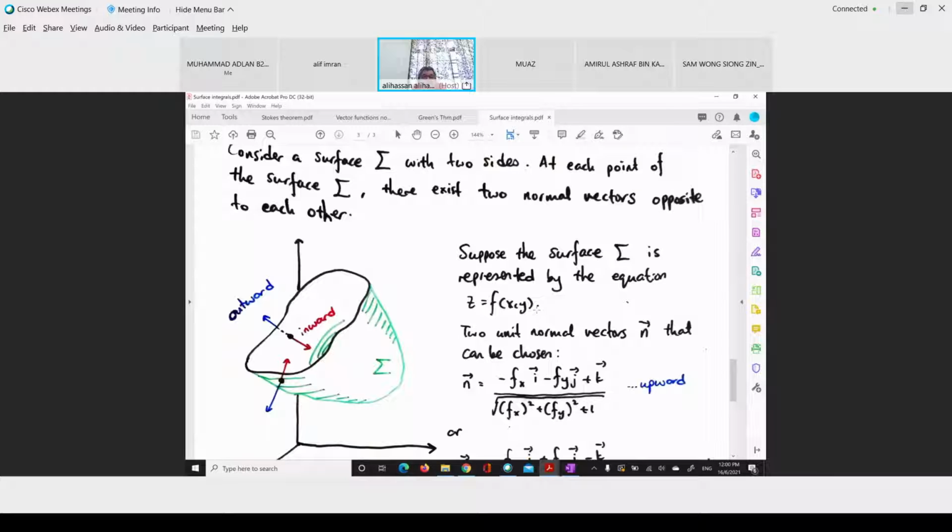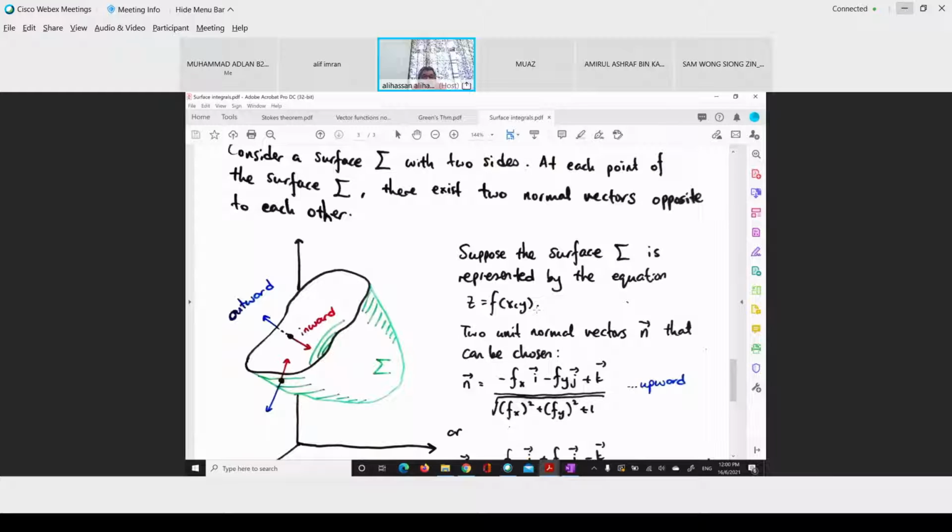So h cancels out. It is equal to rho, the density, times the speed times the surface area. This is for the simple case, case 1. Rho is a constant, and sigma is just a flat surface here.